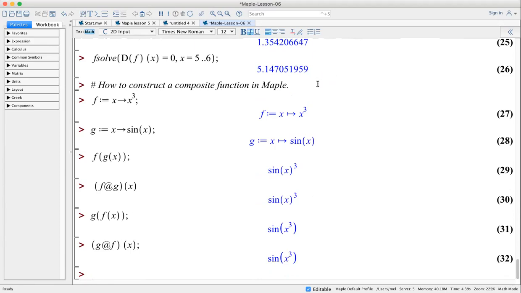So f at g is the composite function. So f at g of x is equal to f of g of x. And in the homework, in homework 5, there are some exercises to compute some things using composite functions.